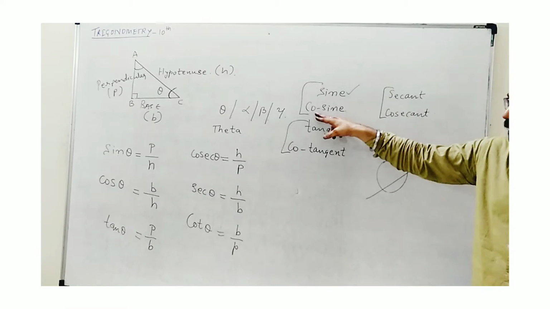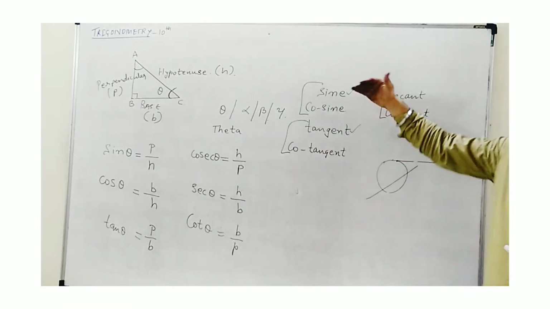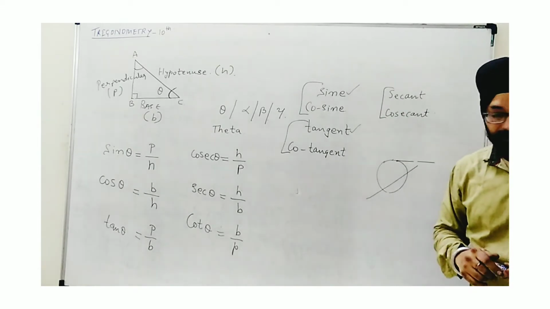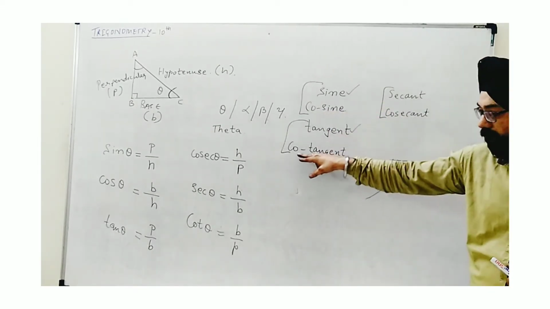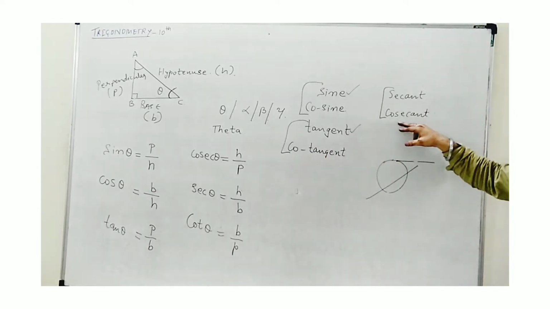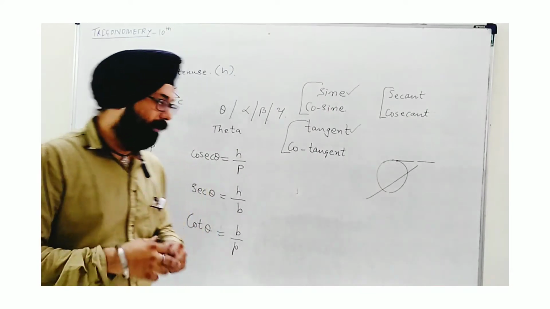And all these which I have used with co here are actually complementary functions. Sine's complementary is cosine, tangent's complementary is cotangent, and secant's is cosecant. By the way, as I said, this is additional knowledge.